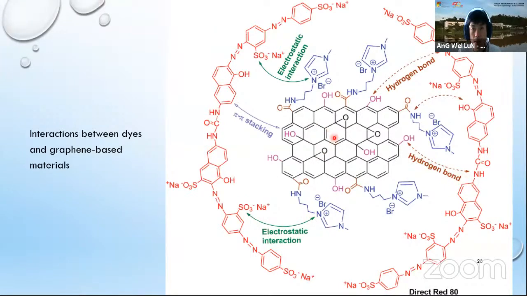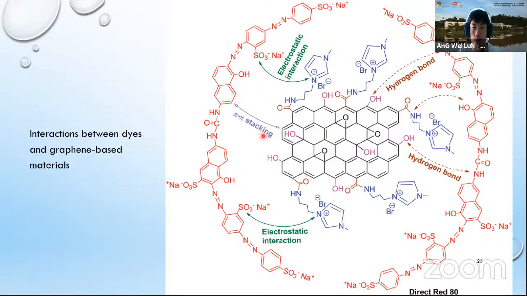Okay, so it means that if you functionalize it, you're getting more possible interaction between the graphene materials and the pollutants itself. So the benefit would be you produce an adsorbent which would remove the pollutants at a better efficiency. Because you have many functional groups and many interactive sites, you can capture the pollutants through many strategies.